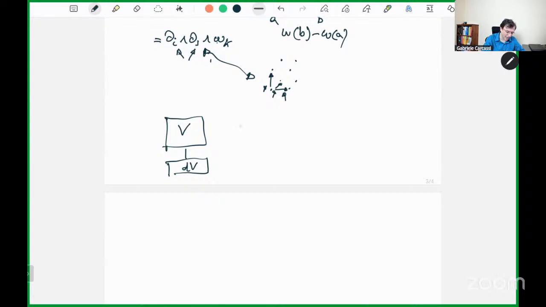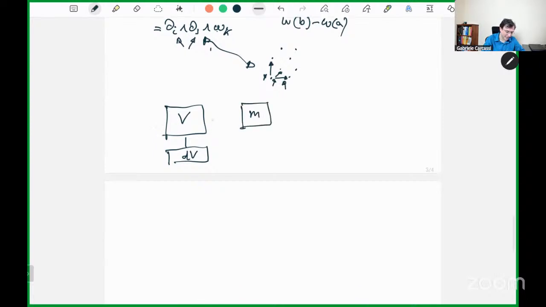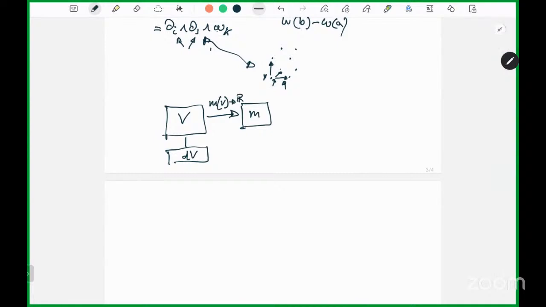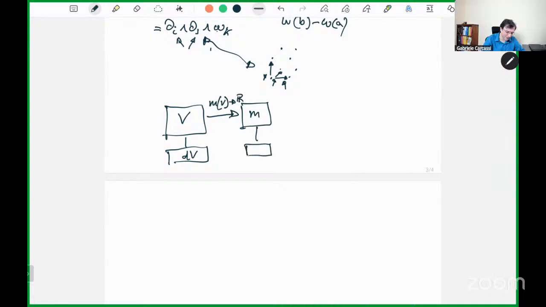And then you have the mass, which is a real number, and then you have a mass function that takes a volume and gives you a real number. And then even here, there's going to be a space of infinitesimal changes of the mass, right?